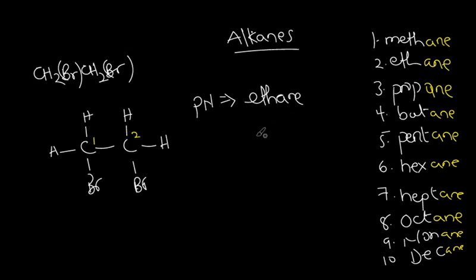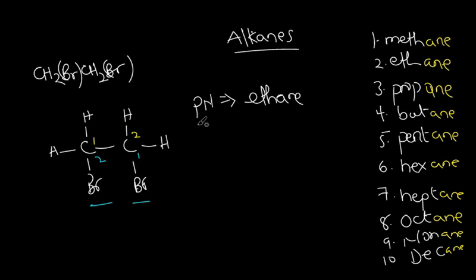That's our parent name. Okay, now do we have any substituents over here? Yes, we have 2 substituents. One is on carbon 1, one is on carbon 2. So in this example, it doesn't matter whether you name this as carbon 1 or carbon 2. We will have 1 bromine on carbon 1 and then 1 bromine on carbon 2. So we can count from any side.